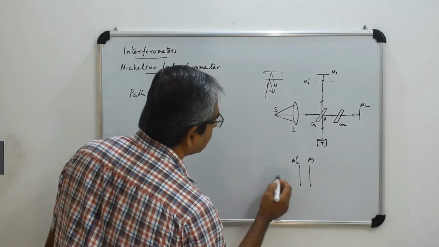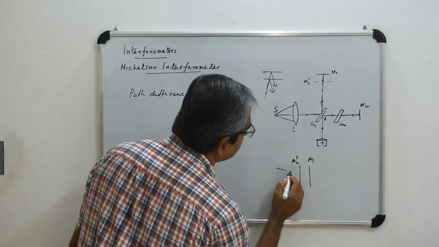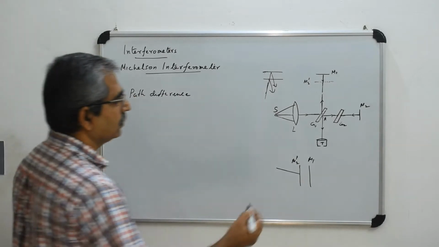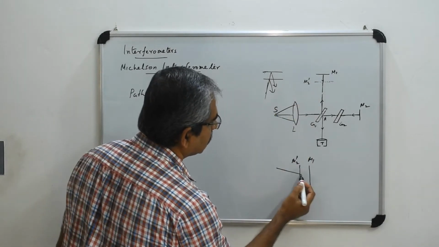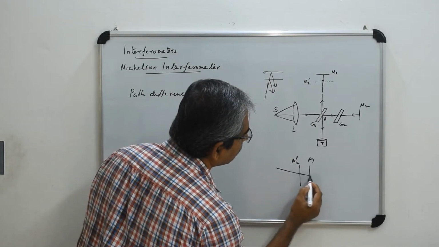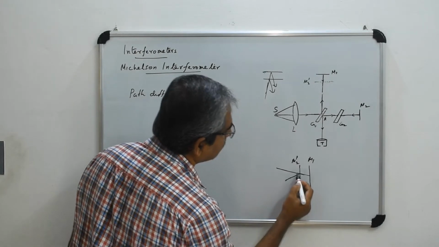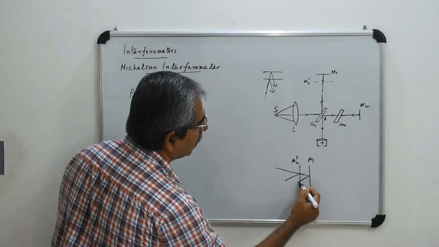Then suppose a light ray is coming from this side, along this direction. So what will happen? Comparing to this situation, part of it will be reflected from M2 dash, and a part will be reflected from M1.